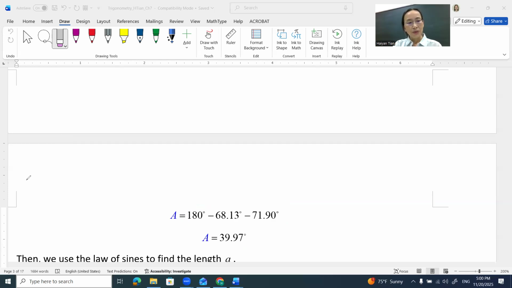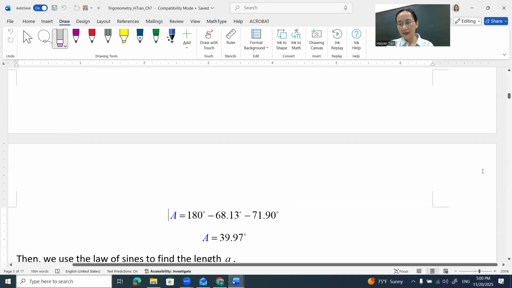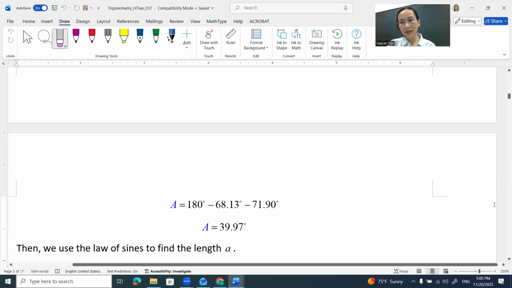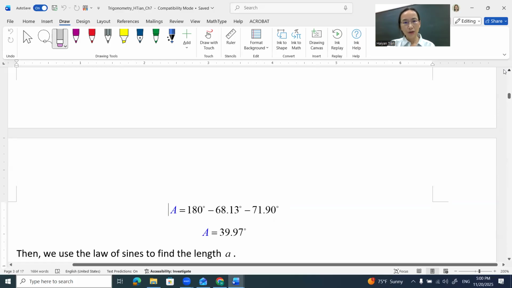Okay, now we know all three angles. B and C are given, and A is found. So now the remaining is for us to find.